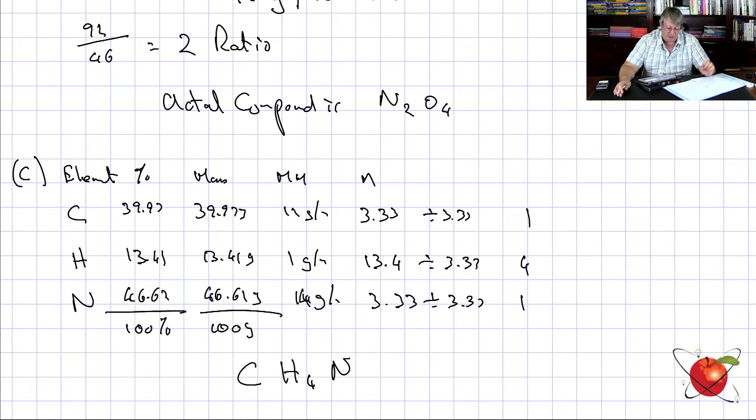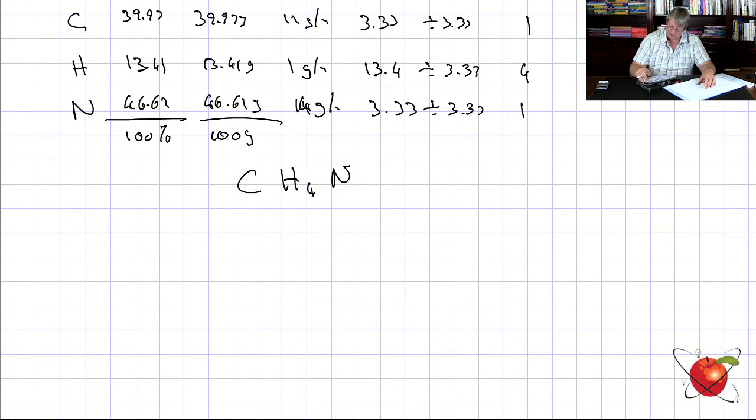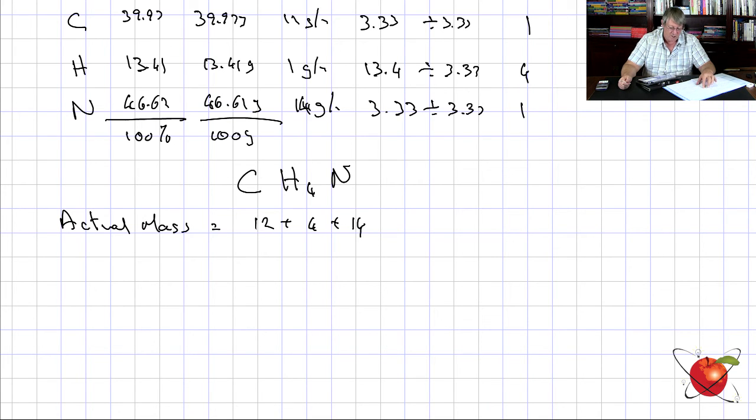Then what do we do next? The actual molar mass. The theoretical mass is 12 plus 4 plus 14, which is going to be 30 grams per mole. I always write carbon 14 for some obscure reason.